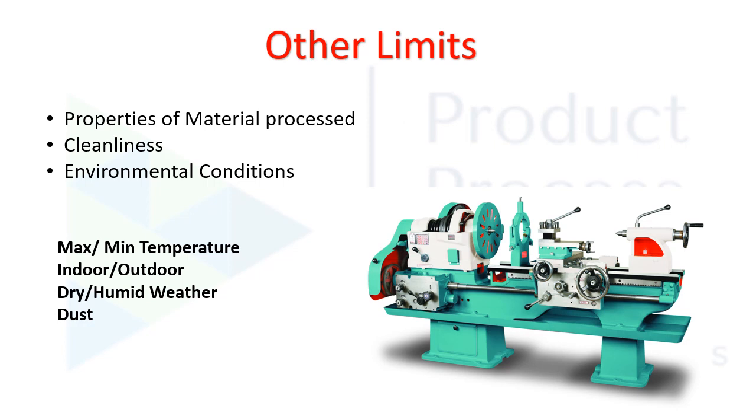It can be the maximum or minimum temperature in which the machine can operate, because electronics may not be operable beyond a certain temperature, right? And at minimum temperature, some parts or some fluid may get frozen.